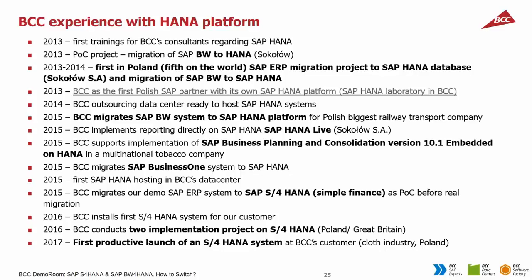We implemented business planning and consolidation version 10.1, the embedded version that can be used only on SAP HANA, for a multinational tobacco company. We are migrating some Business One systems to SAP HANA, and we are also making S/4HANA implementations. One of them went live productively on January 27th, 2017 at one of our customers in the clothing industry in Poland.